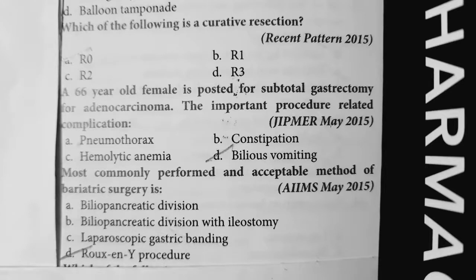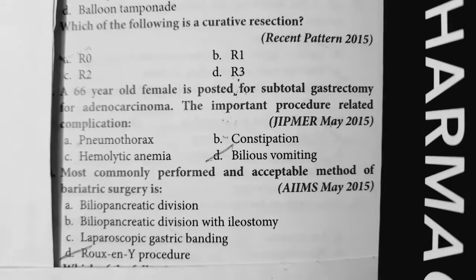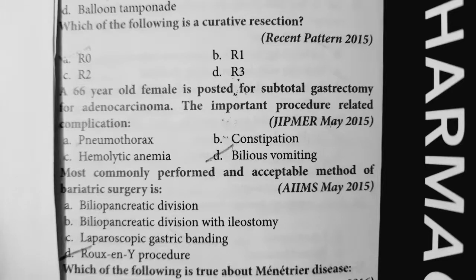But nowadays, sleeve gastrectomy is the most rapidly increasing procedure worldwide. But for now, the most commonly performed and acceptable procedure for bariatric surgery is Roux-en-Y procedure.